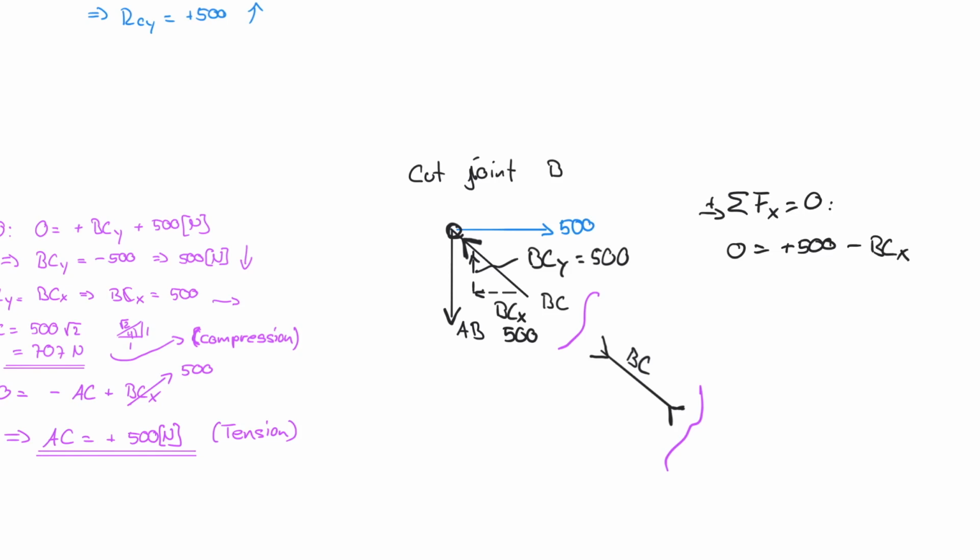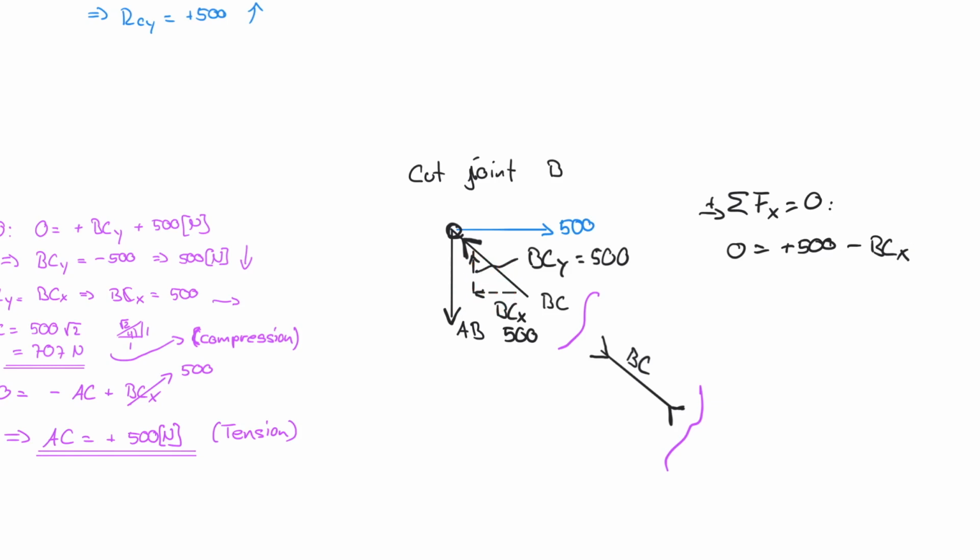And so you see, if I would have started at this node, I would have gotten the same result, right? So if I would have started with joint B, I would have found that BCX is equal to 500. And then I also would have found that BCY is equal to 500 because it's acting in the 45-degree triangle.